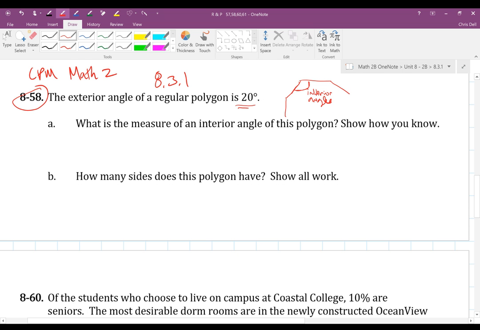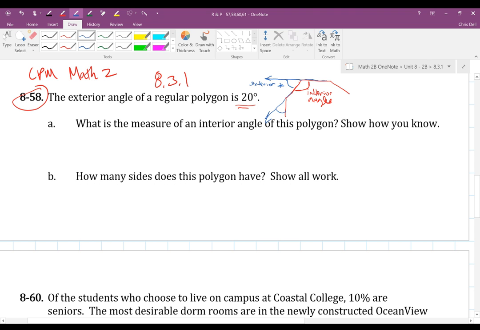And then how the exterior is formed is you continue one of the side lengths. So if I continue that side length over, that would be considered the exterior angle. So if I continue this side this way, here's another exterior angle. So you have these exterior angles.